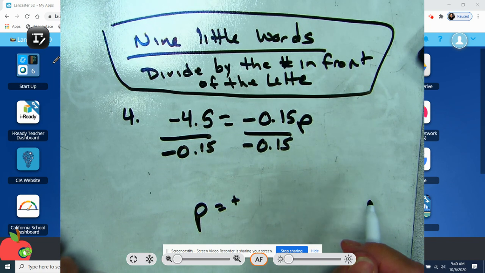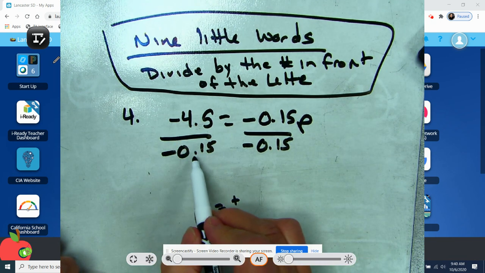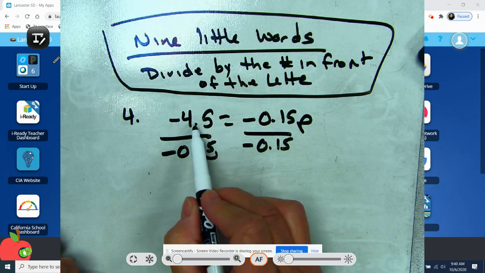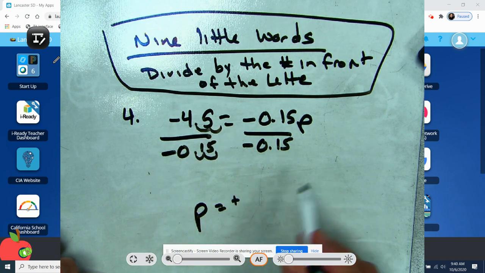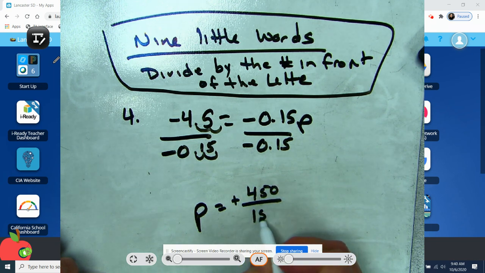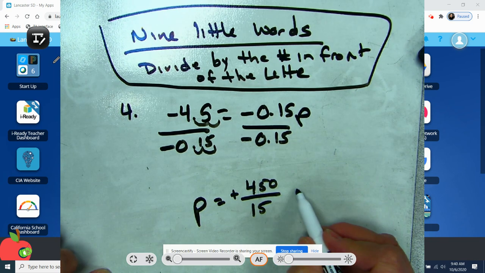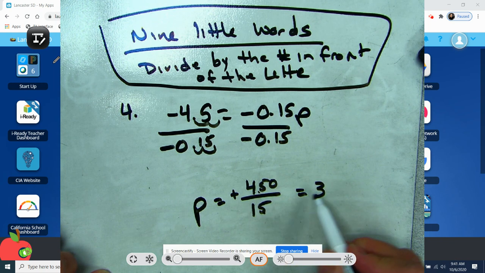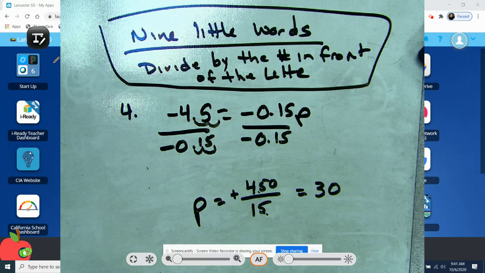We can put that down and just forget it. You have to move the decimal 2 places. So what you have is 450 divided by 15. 45 divided by 15 is 3, and 0 divided by 15 is 0, so your answer is 30.